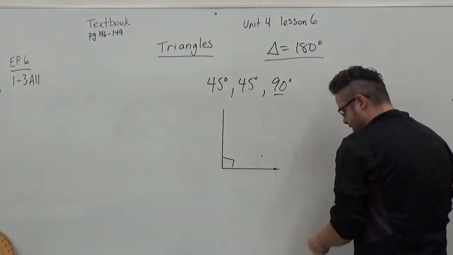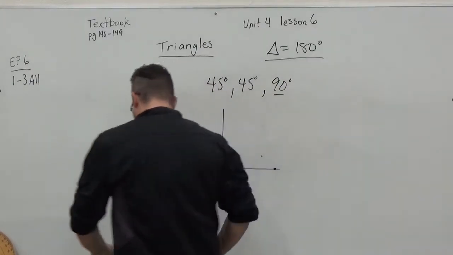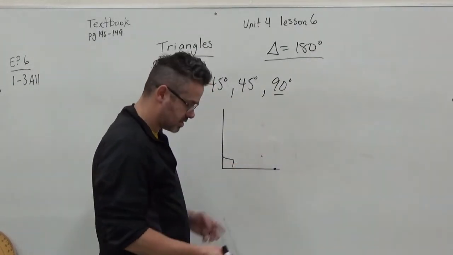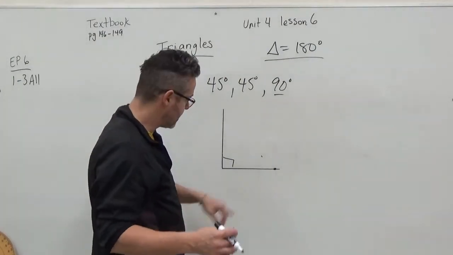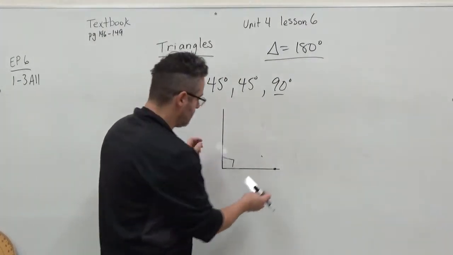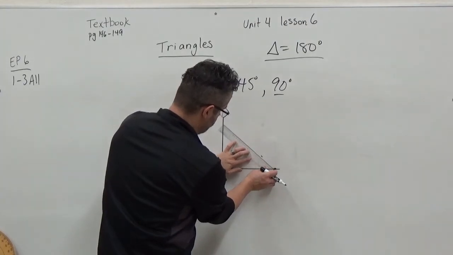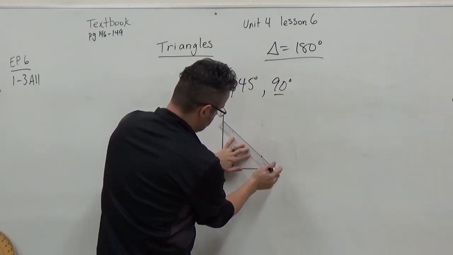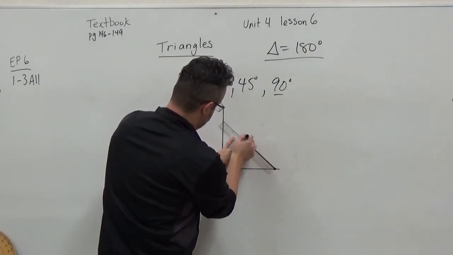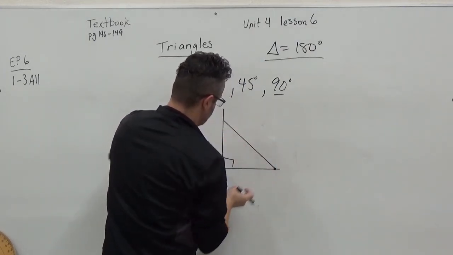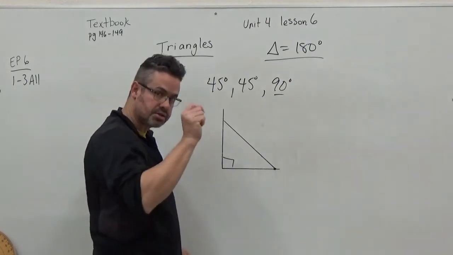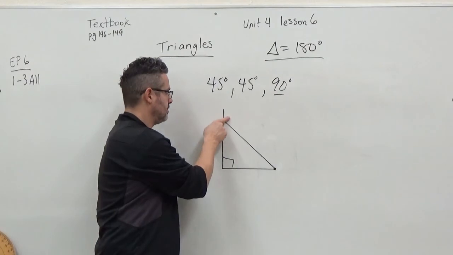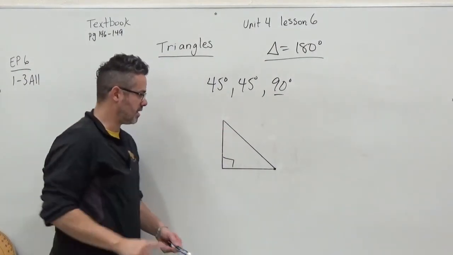Okay, 45 degrees. Now, I should just connect the dots, this dot to this dot, and of course I'm going to extend it until I meet up with the other line, if I can. Okay, now since you used a pencil and not a pen, you're just going to erase that part.